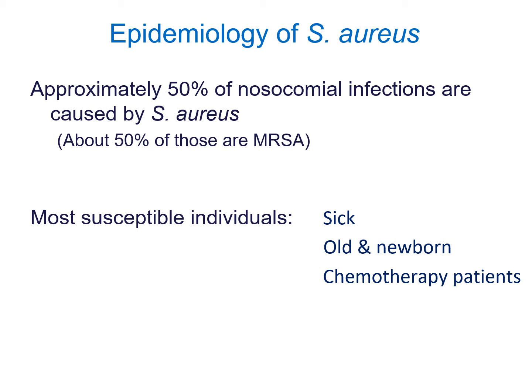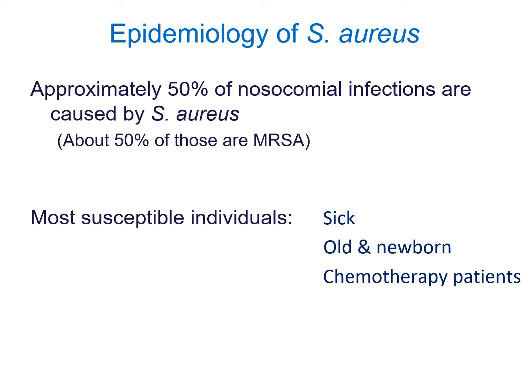And about 50% of these infections are caused by S. aureus, just because it is so common and because it can produce opportunistic infections. Now, about 50% of the infections of S. aureus that people pick up in hospitals are these MRSA strains that we'll talk about in a moment.